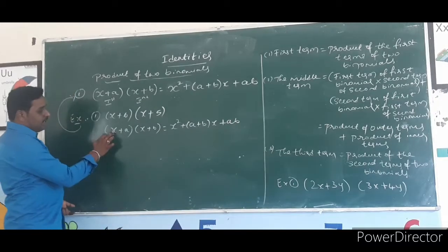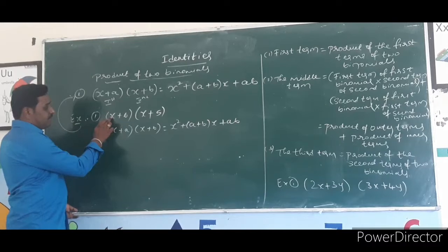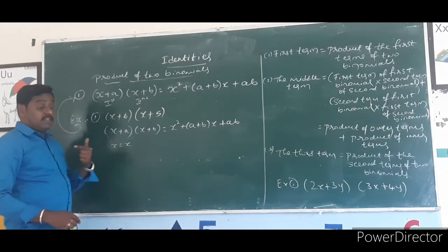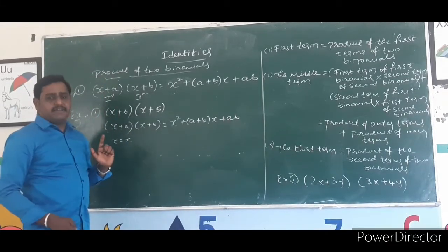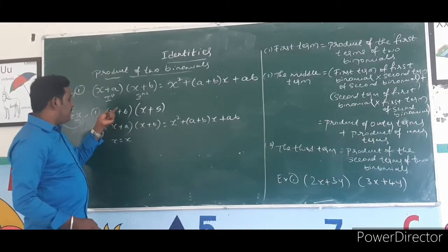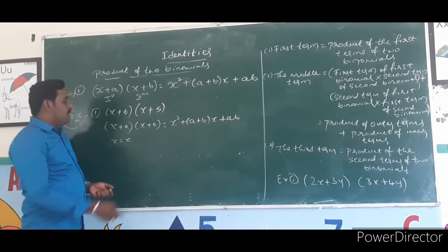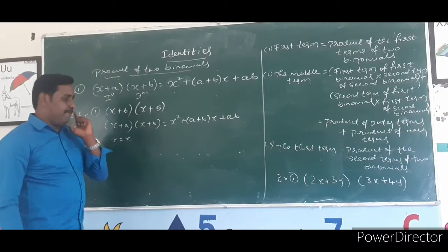So how? In the place of x in the given problem, what is there? x is equal to x. In case the example changes, they can give any letter. For example, if they give y, then in the place of x you have to replace y. If they give m, then in the place of x you replace m.